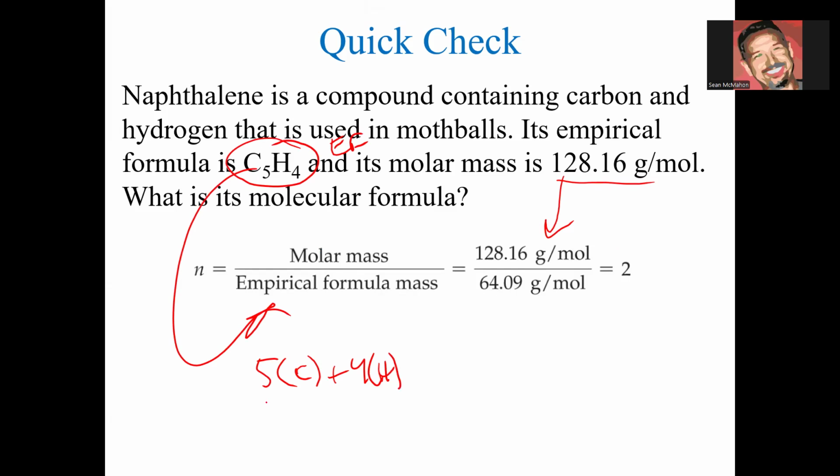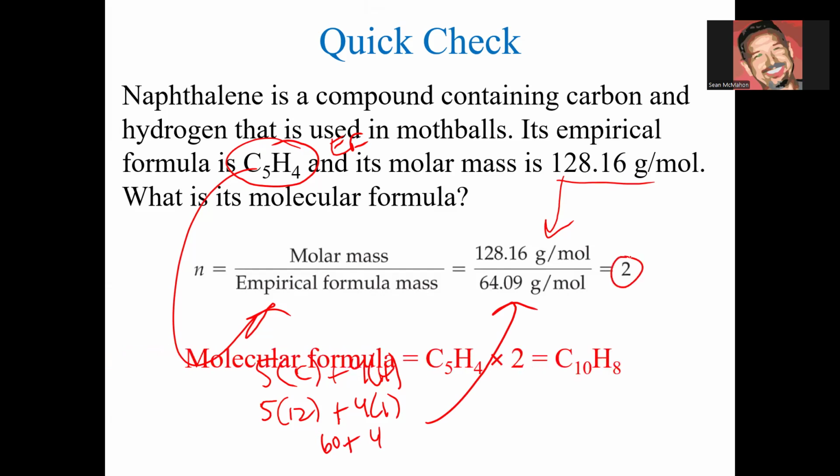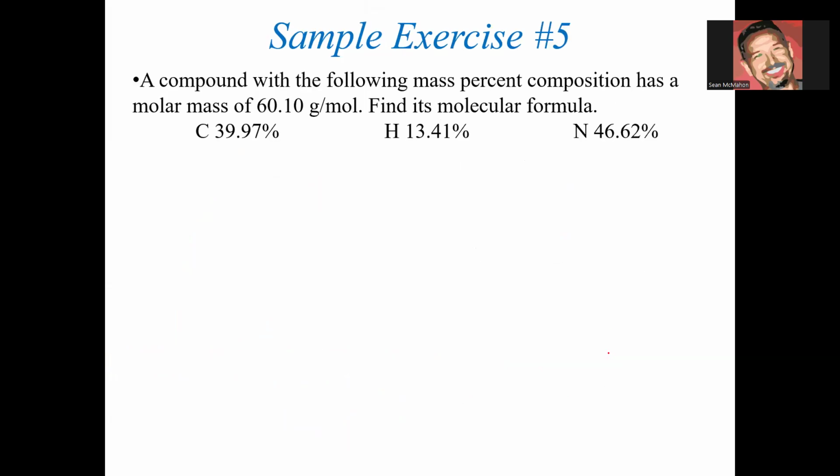I'm going to make this easy. We're going to say carbon is basically 12. The hydrogen is basically 1. So you have 4 plus 60 gives me 64 grams per mole, which means N is 2. So my molecular formula, if I multiply C5H4 by 2, the scale factor, I get C10H8.